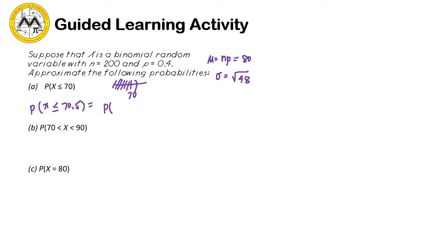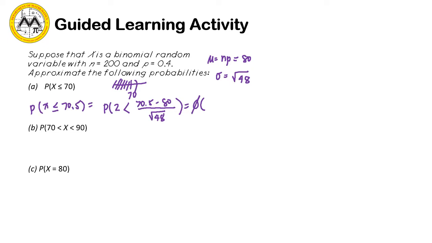That's the probability of Z less than (70.5 minus 80) over the square root of 48, which is phi of (70.5 minus 80) divided by the square root of 48.